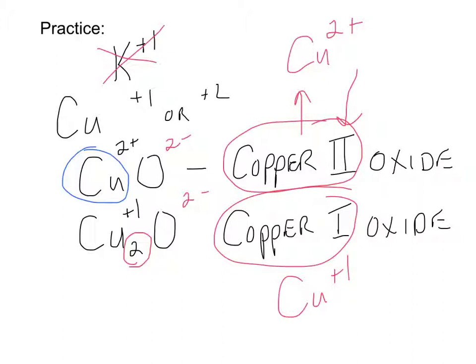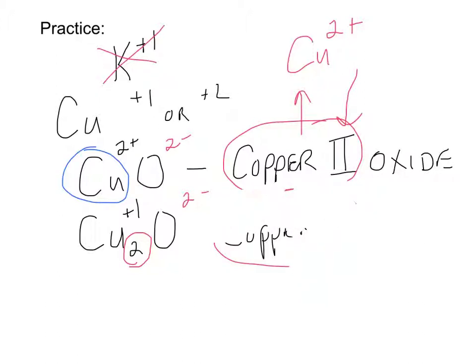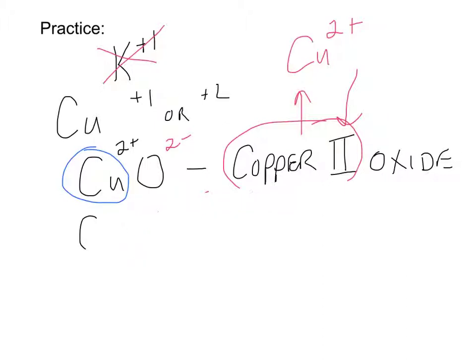Now let me clean off some of my board here, and we'll do one more to give some practice, but this time we're going to use a polyatomic ion. So let's take a transitional metal that can have many different charges, and a very common one is manganese.